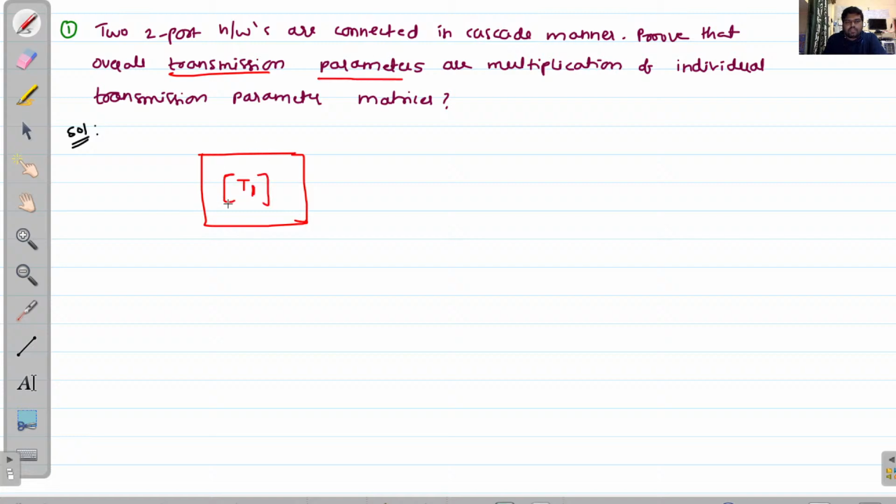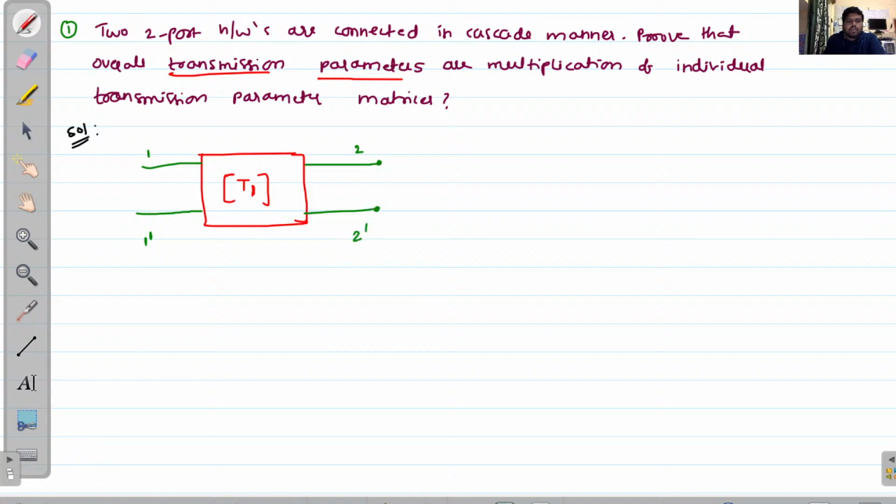This is the first two-port network, we can name it T1. This is the one dash terminal, and this one is the two dash terminal, and these are the nodes.